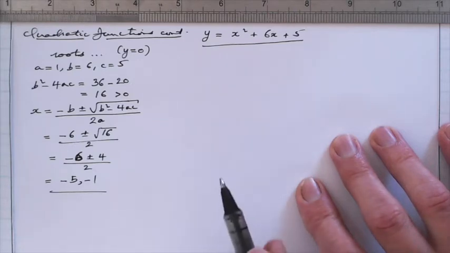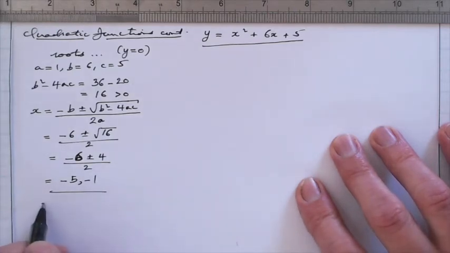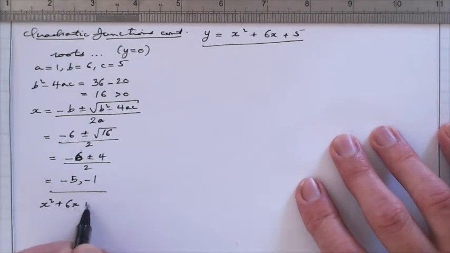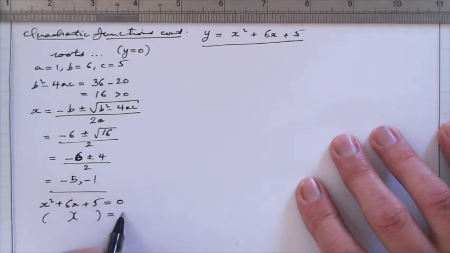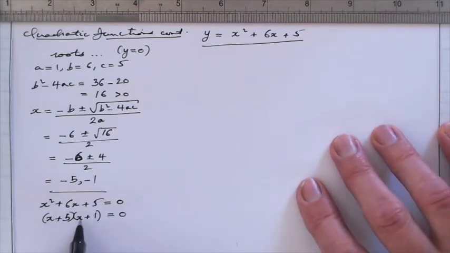Now, let's just see, could we have gotten that by factorization? So to find the roots, we're asked to solve the equation x squared plus 6x plus 5 is 0. Does that factorize? Well, 5 only really has one way of factoring it with integers, which is 5 and 1. And indeed, we see that we do get 6x, x squared, plus x plus 5x is 6x plus 5.